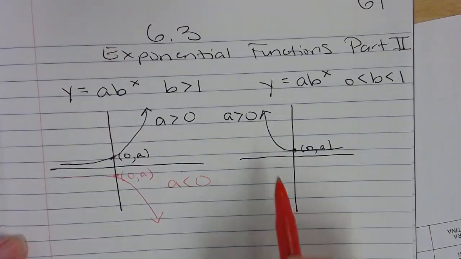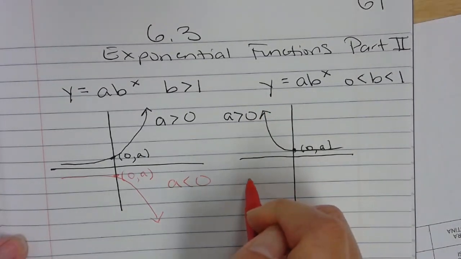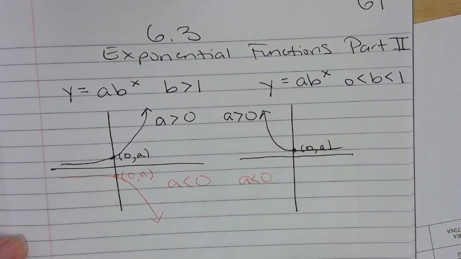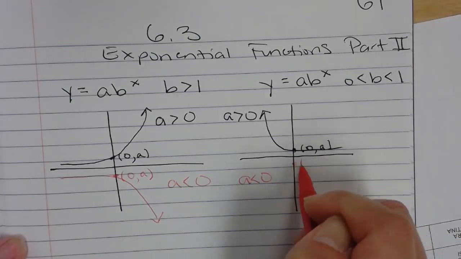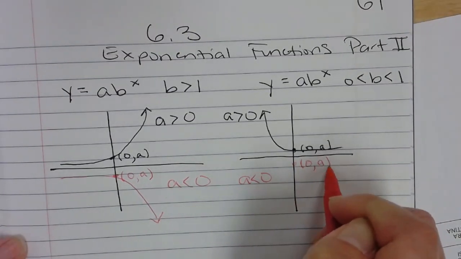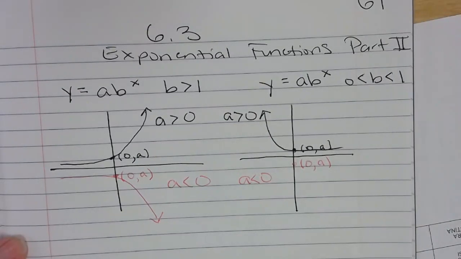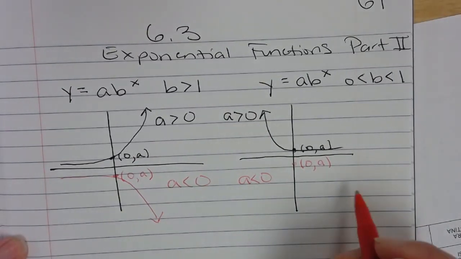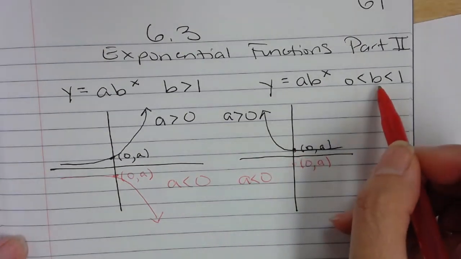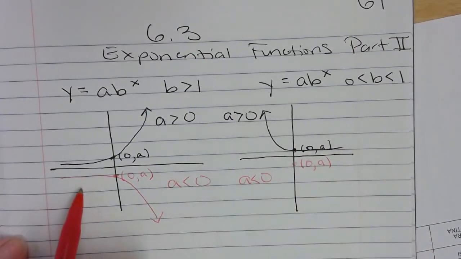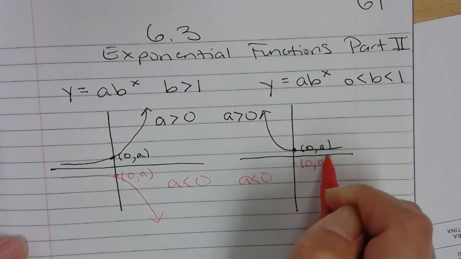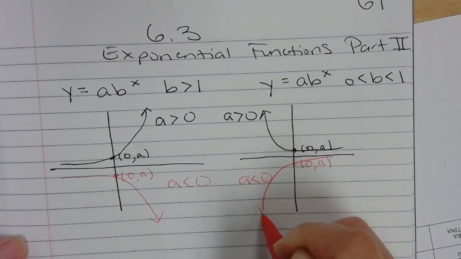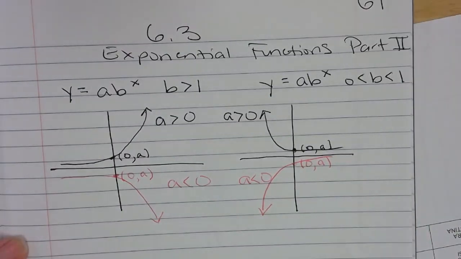And then in red, when A is less than 0, what do you think your intercept's going to be? 0, A, still the intercept. But since it's negative, it's going to be a reflection. But because B is a fraction, instead of this one, which is going down to the right, it's going to swing down to the left.